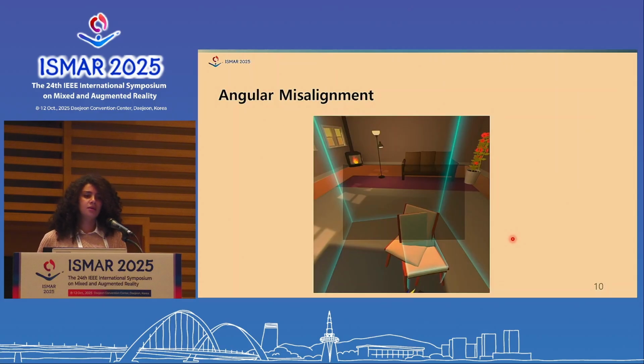So the reactive alignment proposed by Thomas et al. was working well. However, it did not consider the angular misalignment of the targets. So while the position or the physical distance error was minimized, their angle was completely misaligned. And our choice of the target being a chair in this case was to highlight the importance of angular alignment.